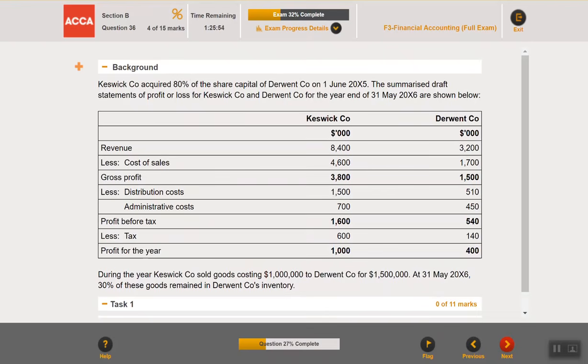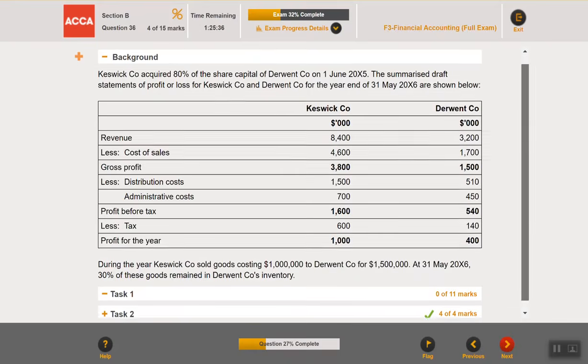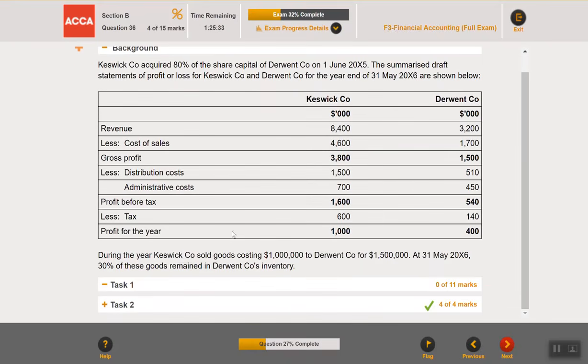We have 80% acquisition, so that means subsidiary, which makes NCI 20%. Acquisition is on 1st June and the year end is 31st May, so we bought the company for a full year, which means we don't have to divide the subsidiary's figures by months. During the year, Casway Co. sold goods costing 1 million to Derwent Co. for 1.5 million. So that means 500,000 is the profit.